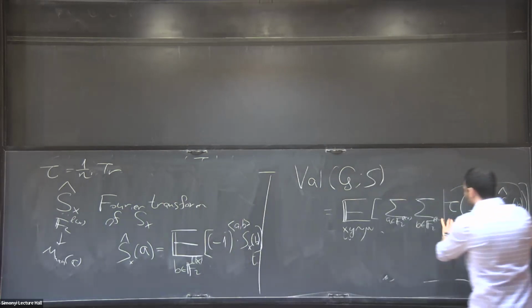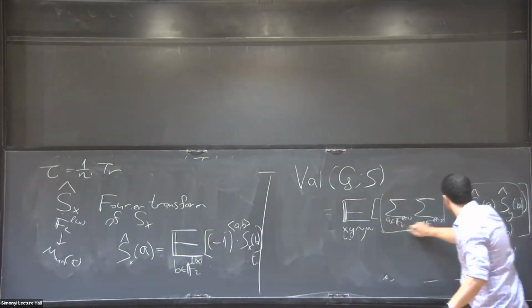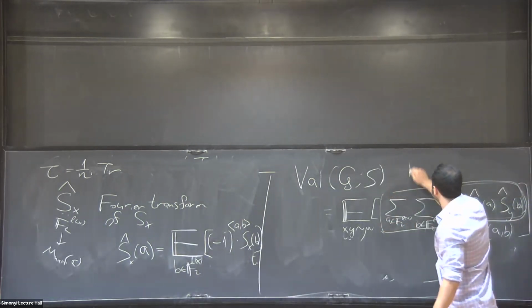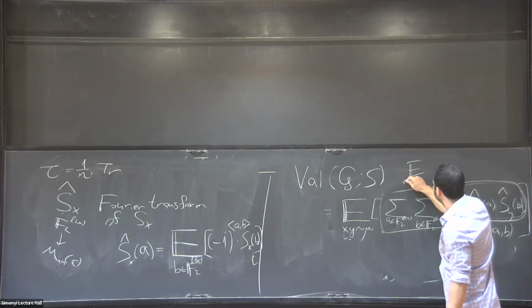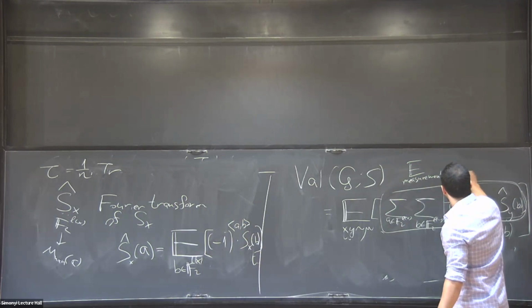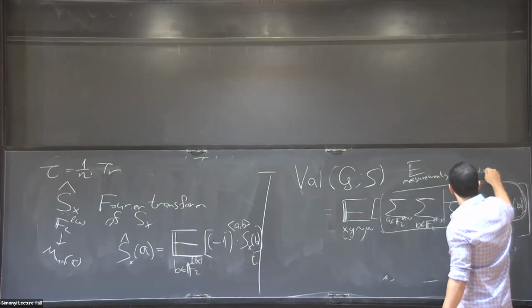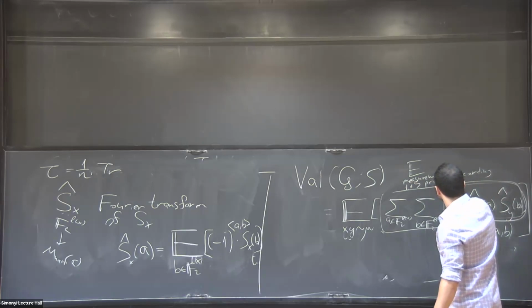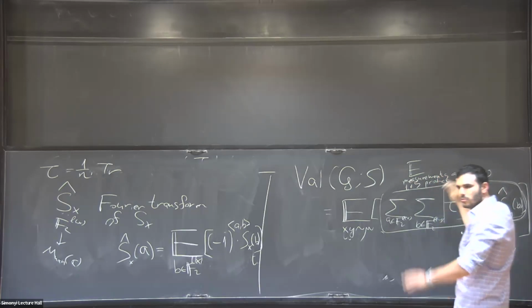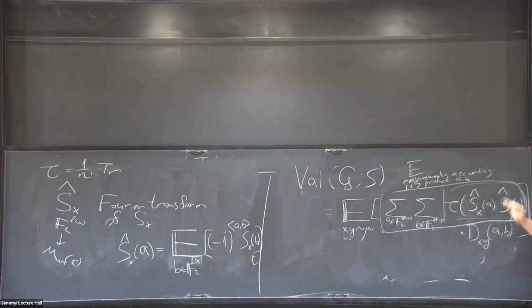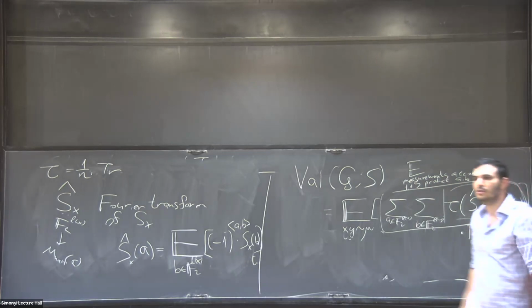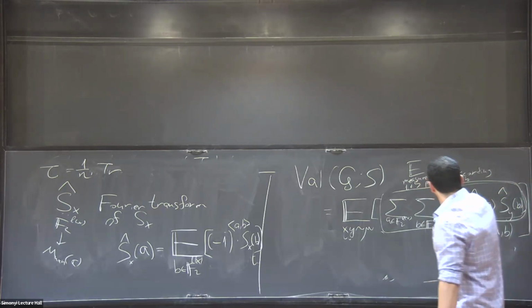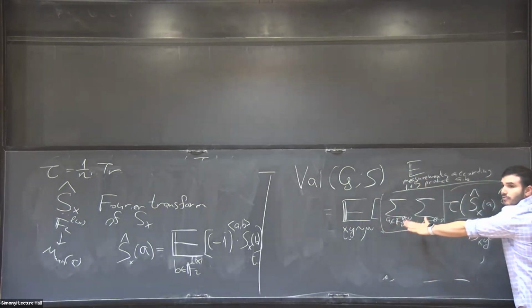So the way to write all of these things is just the expectation that the measurements according to S produce exactly A and B. That's a complicated way of writing it. I just didn't define how to measure stuff. That's a mathematical formula.